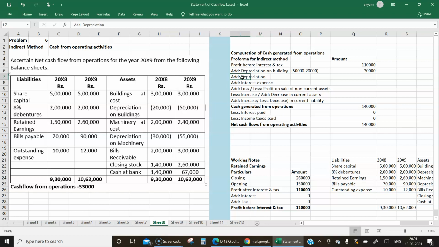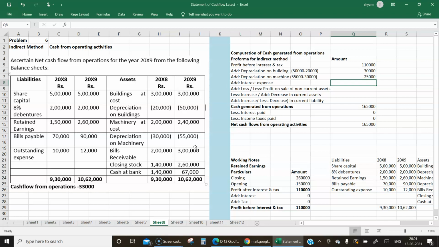And depreciation on machinery, see, there's also machinery depreciation is there, so that also you add back. If you add back, that comes to 55,000 is the closing. Last year we had 30,000 of depreciation, so the difference between the two is the current year depreciation. Okay, interest expense we don't have.